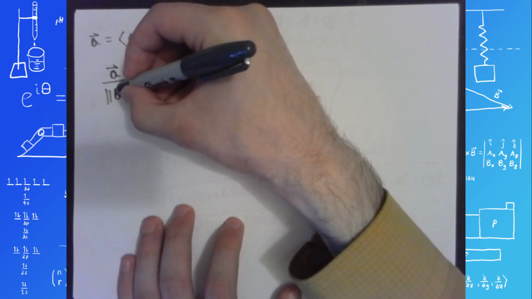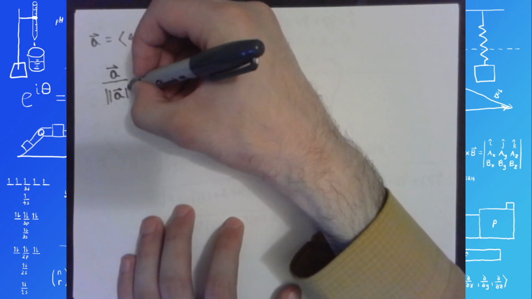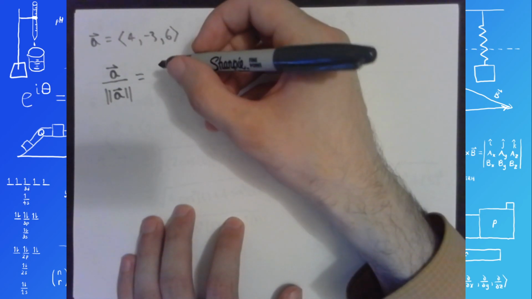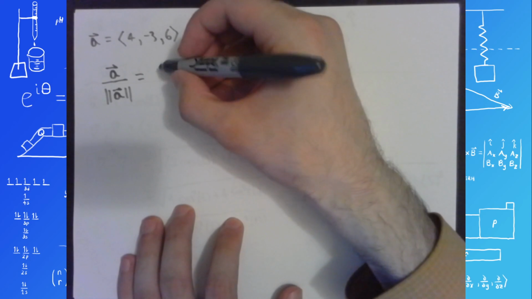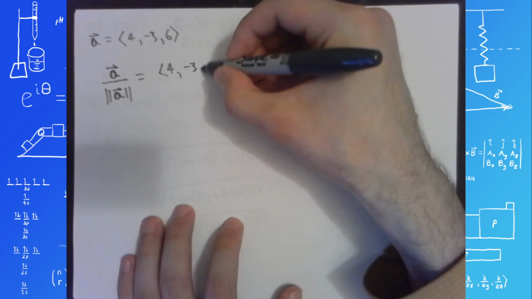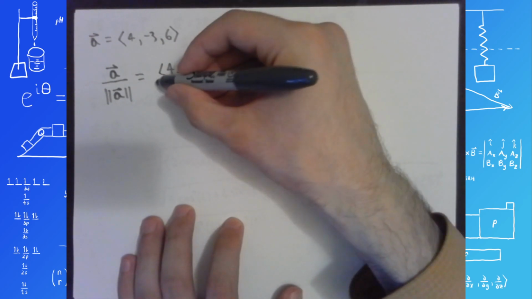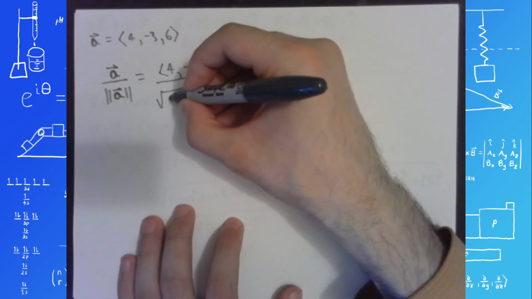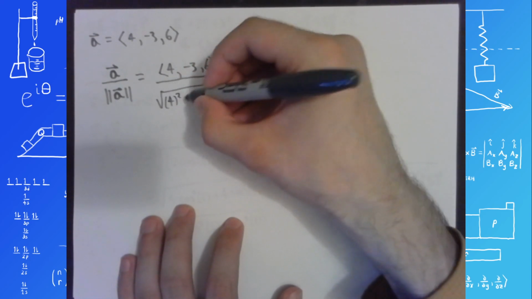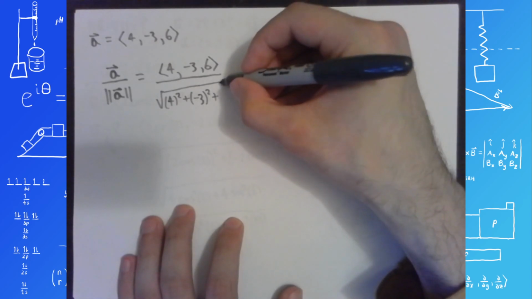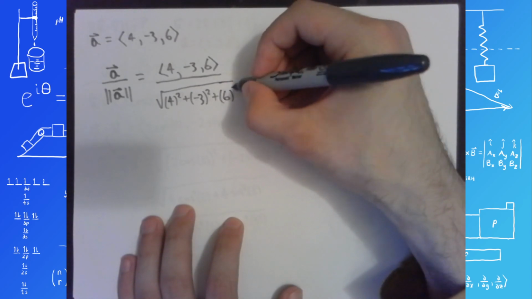Last time we did it for 2D vectors, this time we're going to do it for 3D. But the steps are essentially the same, so it's going to be 4, negative 3, 6 over, the magnitude is going to be the square root of 4 squared plus negative 3 squared plus 6 squared.